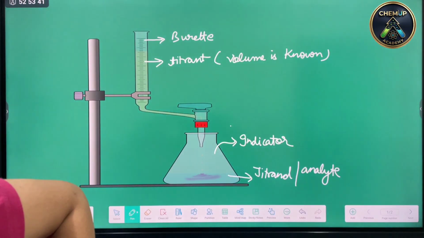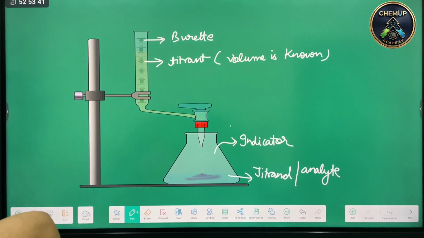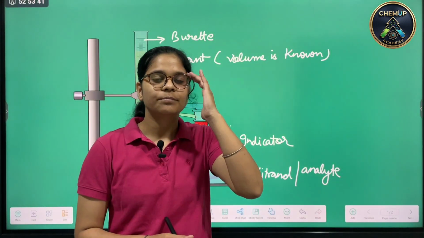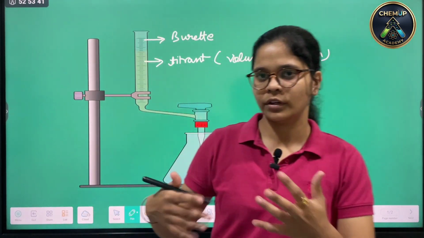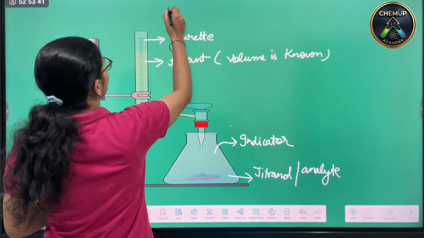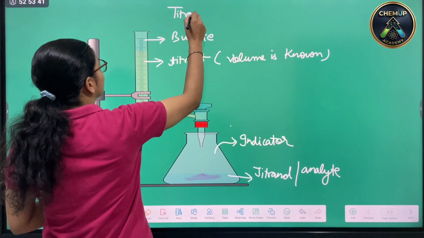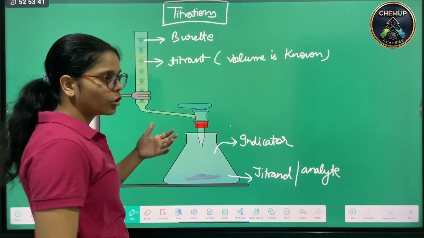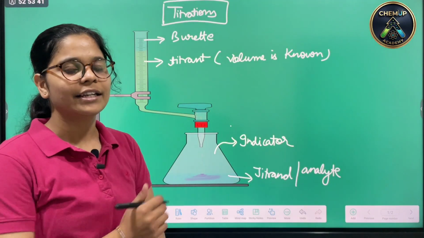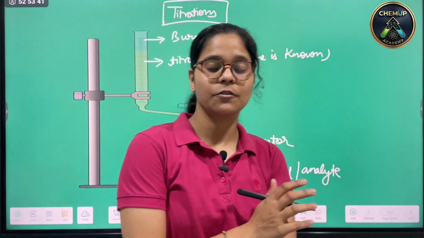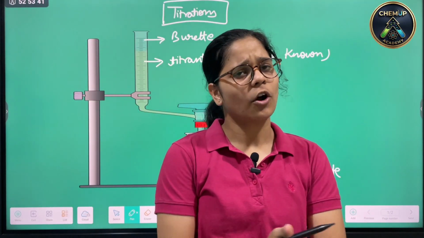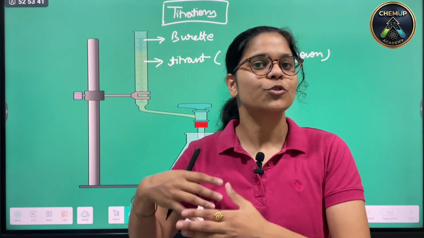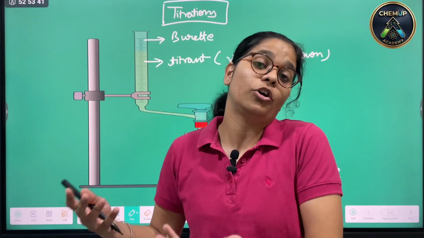So we have so many titrations that we can follow. This is just a brief of titrations. You all have performed this practical in your chemistry classes since 12th class, and up till your masters you will keep on performing it, up till your PhD as well.